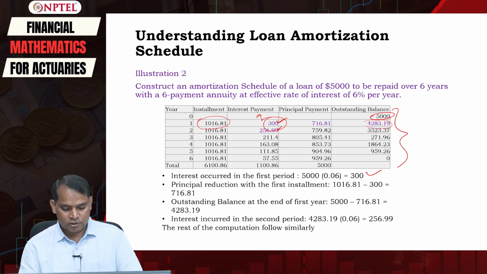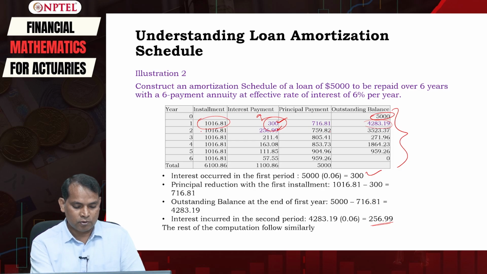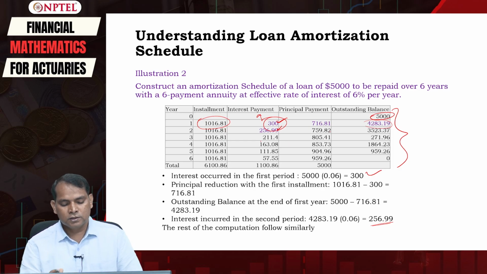So the interest incurred in the second period will become 6% of this value, that is 0.06 multiplied by this. The rest of the table values are computed accordingly, and then the values are put here.